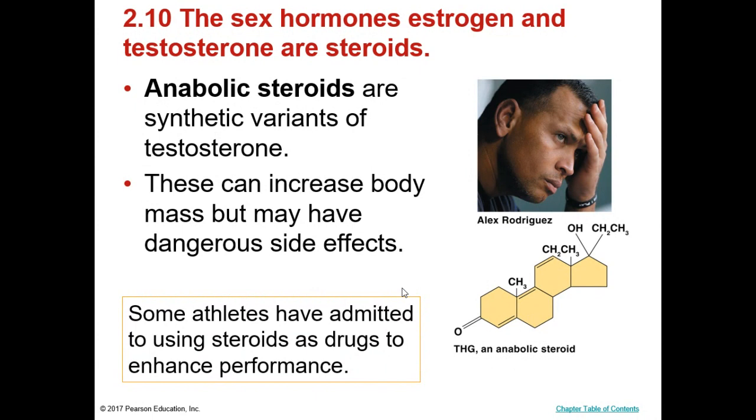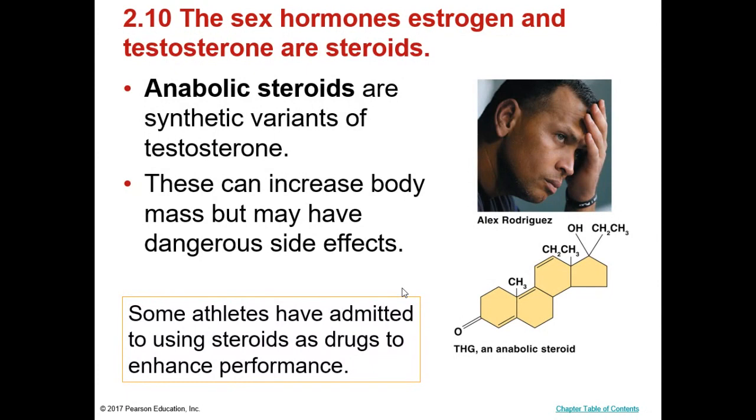So we have this type of hormonal regulatory mechanism called the negative feedback loop. A negative feedback loop starts in the hypothalamus. It includes the pituitary gland and also the organs, right?